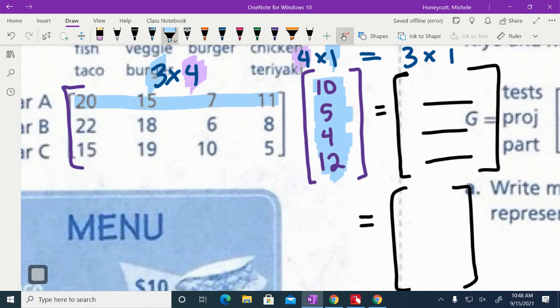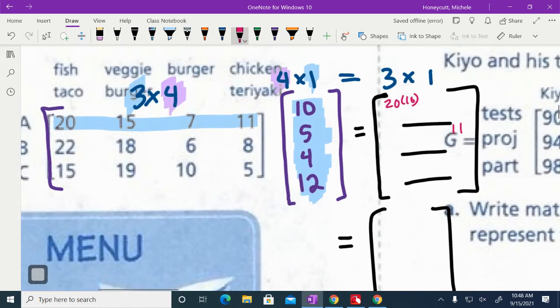When I multiply row 1 by column 1, that gives me element 1,1 in my resultant matrix, my answer matrix. So to get this number, you did 20 times 10.